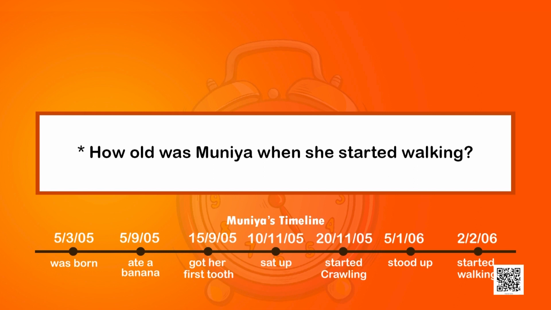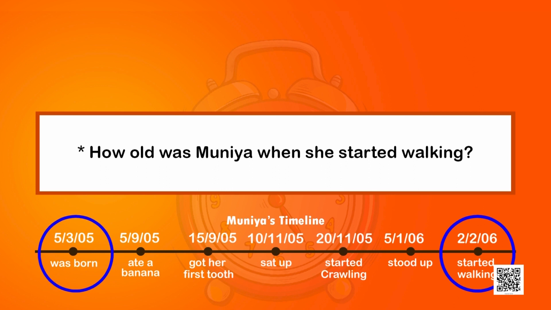Next one. How old was Munia when she started walking? Okay, look at the timeline. She started walking in February 2006. How many months have passed from March 2005 to February 2006?